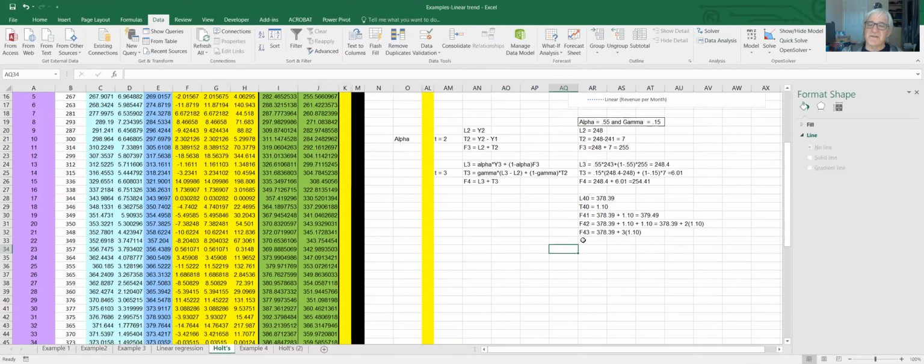Now, why is it that we are saying that Holt is forecasting a linear time series? Well, look how the forecasts are created. What happens here? The forecast for period 41 was by adding 1 trend. The forecast for period 42 was created by adding 2 trends. So the difference between this and this is 1 trend.